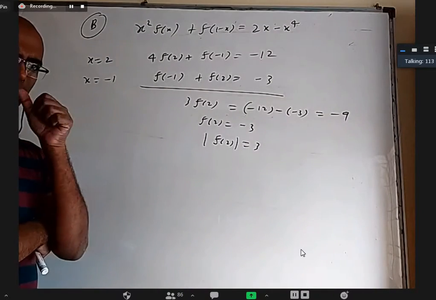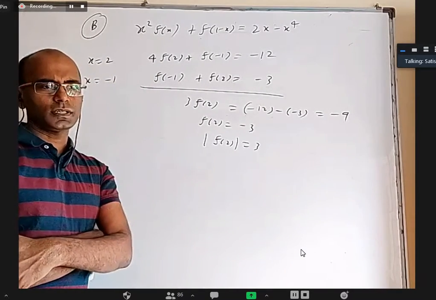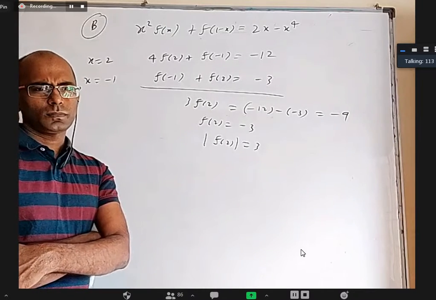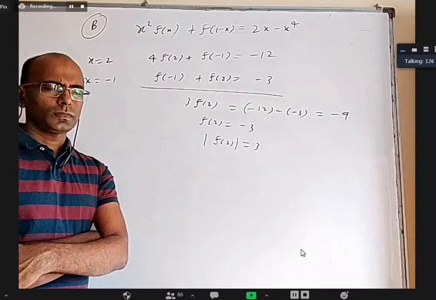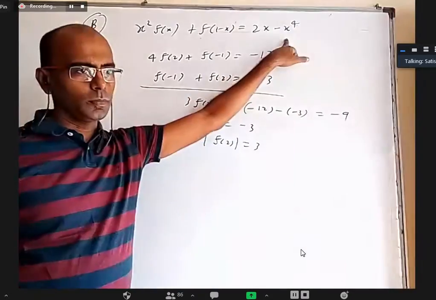If I take f of x as a cubic expression, ax cube plus bx square plus cx plus d, what is wrong? Sir, then in LHS the highest power will be 5. It will be a 4th degree polynomial, and this is a 4th degree polynomial.